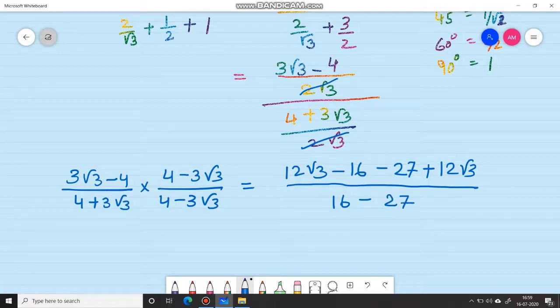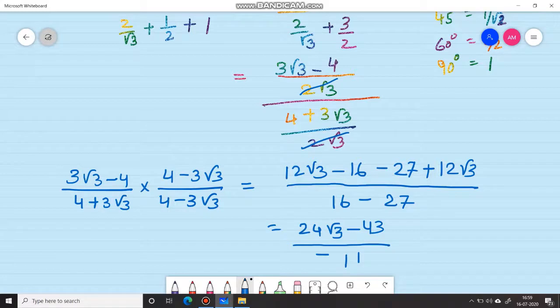16 minus 27. Now children, see, 12 root 3 plus 12 root 3. How much are you getting? You are getting 24 root 3. And see here, minus 16 and minus 27. 27 and 16, 43. You are getting minus 43. And then the denominator, 16 minus 27, which is minus 11.